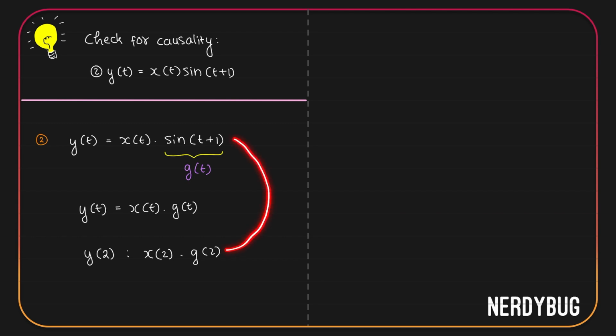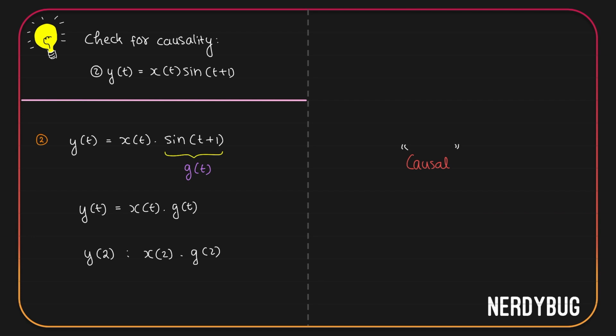And g of 2 is going to be sine 3. And everybody knows what is sine 3 as long as you have a calculator. So the system will be able to find that. So this is not a non-causal system, even though the first time you see it, you will think it is non-causal. So let's conclude this is a causal system.